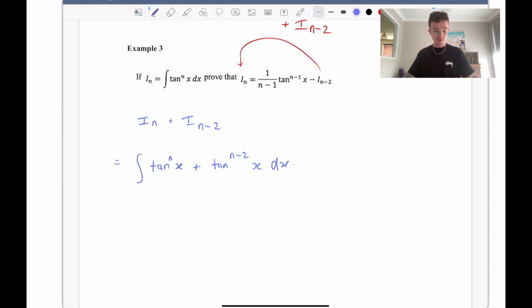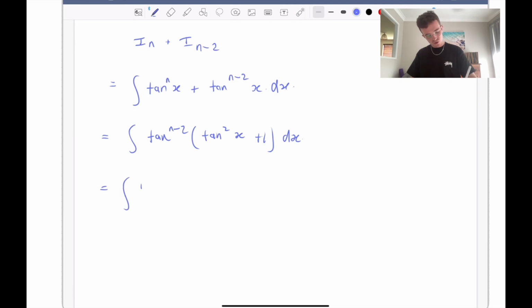Let's take out a common factor of tan n minus 2. We're allowed to do that. Multiplied by, that's going to be tan squared of x plus 1. Bing bang boom, that's equal to sec squared of x. So this is equal to the integral of tan n minus 2 x sec squared of x dx.